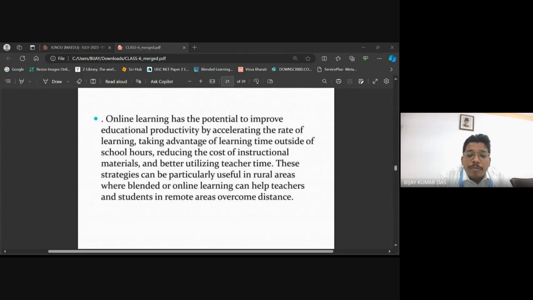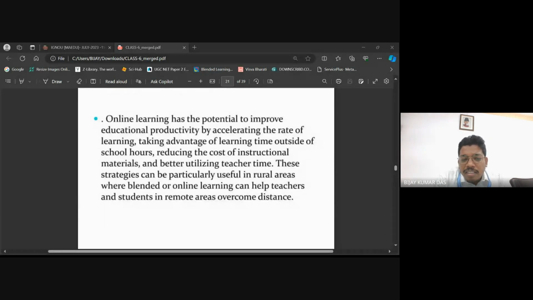So, after all, online learning has the potential to improve educational productivity by accelerating the rate of learning. How? By taking advantage of learning time outside school hours, reducing the cost of infrastructural materials, and better utilizing teacher time. The teacher is also utilizing her time adequately in a systematic manner.